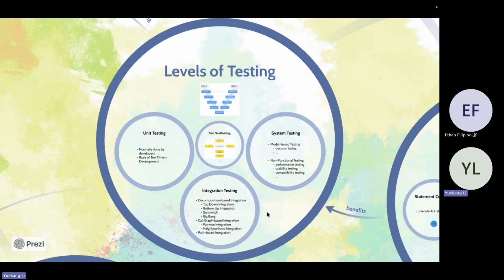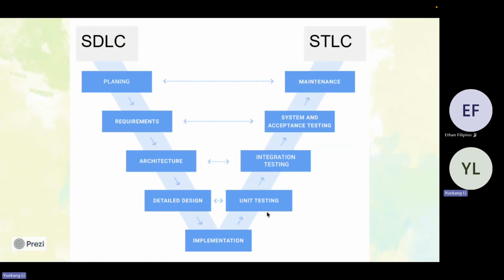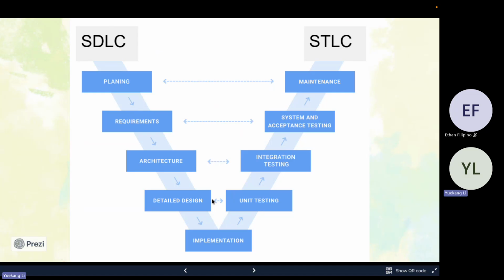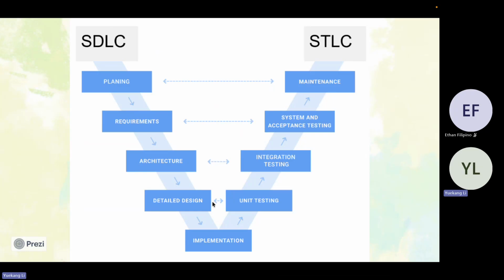The different levels of testing are mostly based on the V model of testing, which is a combination of the software development lifecycle and the software testing lifecycle. We can see that we have different levels of testing here, and each level is related to a stage of software development.